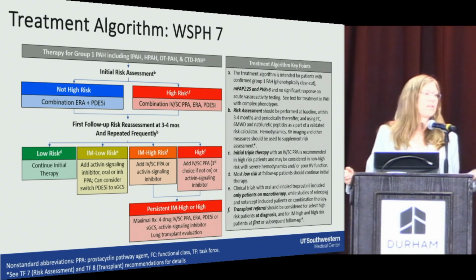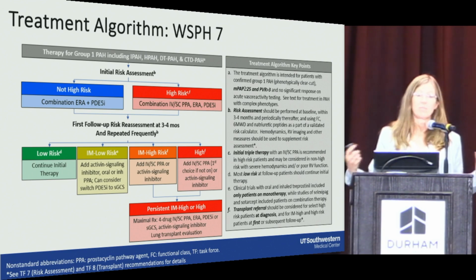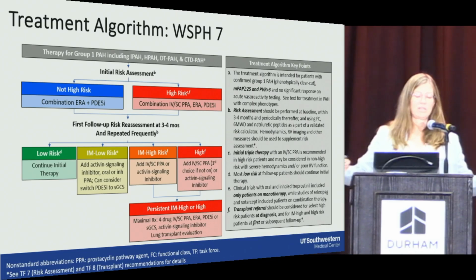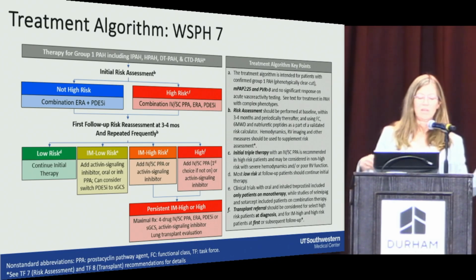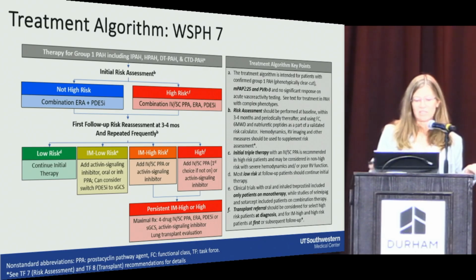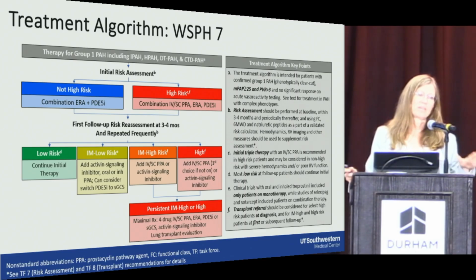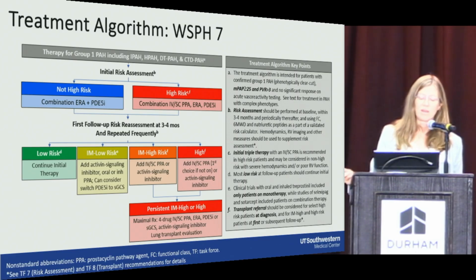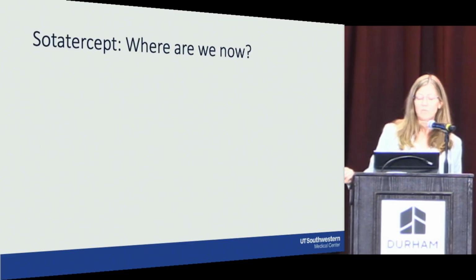What was written was, we do recommend adding therapy for patients not achieving low risk, and you could consider an activin signaling inhibitor, an oral or inhaled prostacyclin pathway agent, as sort of first line, higher level of evidence, and then also can consider switch from PD5 to riociguat, but because of the lack of blinding, doesn't get quite as high of a recommendation.